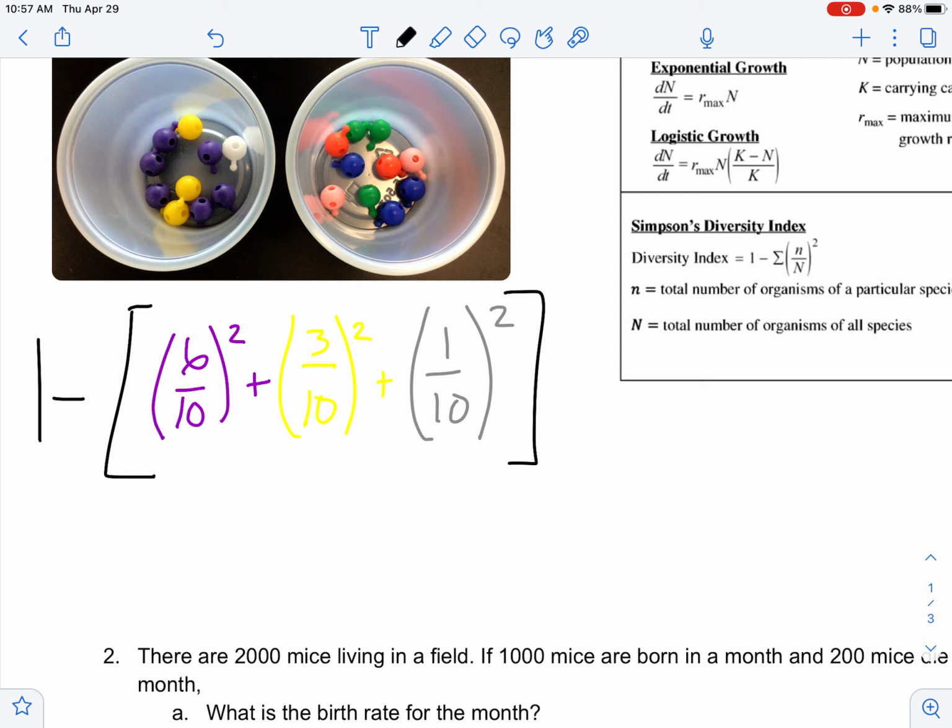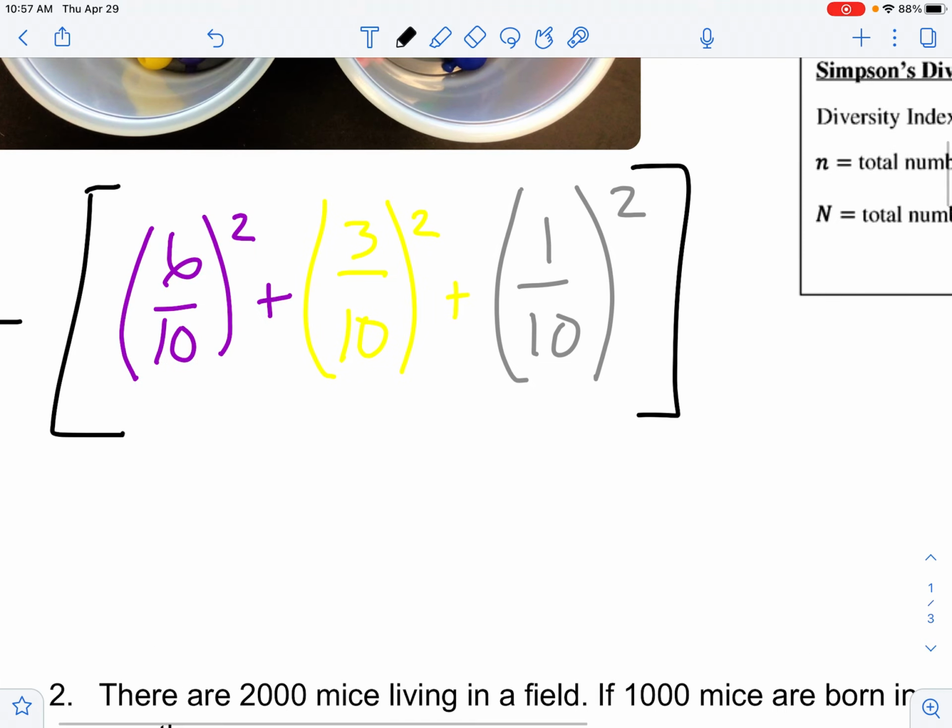It's tricky to put all the brackets and parentheses in the calculator, so I'm just going to go 0.6 squared, which is 0.36. Then 0.3, because 3 over 10 is 0.3. 0.3 squared is 0.09. And 0.1, because 1 over 10 is 0.1. 0.1 squared is 0.01.